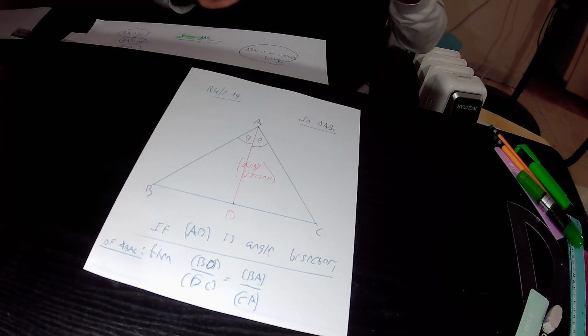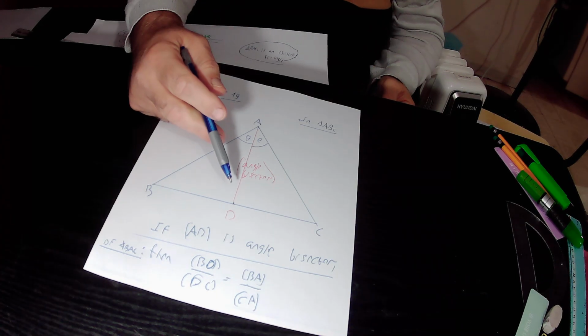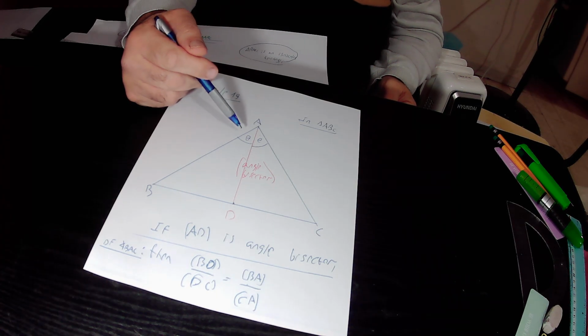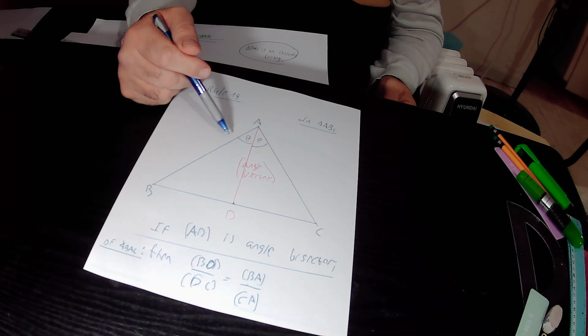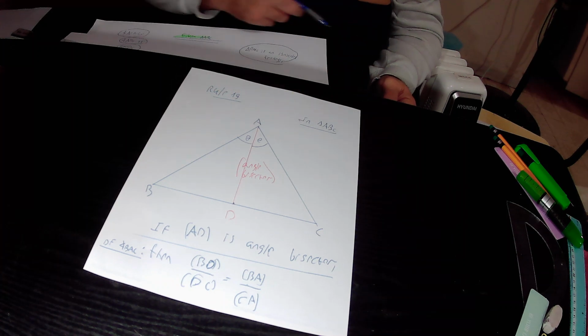So actually, the angle bisector theorem has 2 directions. If you know that AD is an angle bisector, then AD divides the side proportionally, that is, BD over DC equals BA over AC.